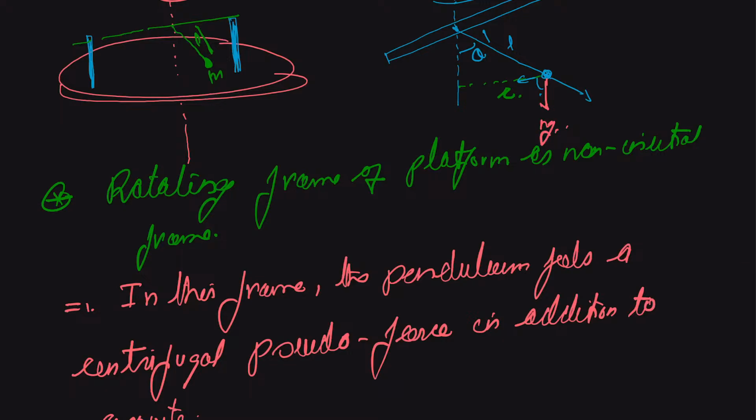So we have our mg, and the lever arm is L sine of theta. So the torque because of this mg will be equal to mg times L sine of theta.